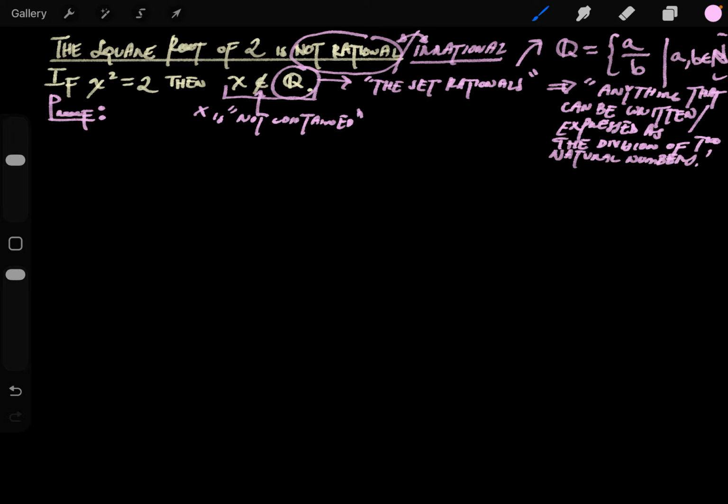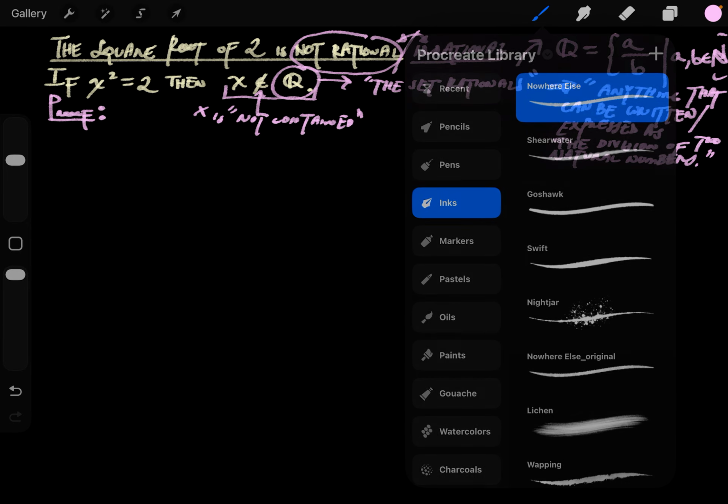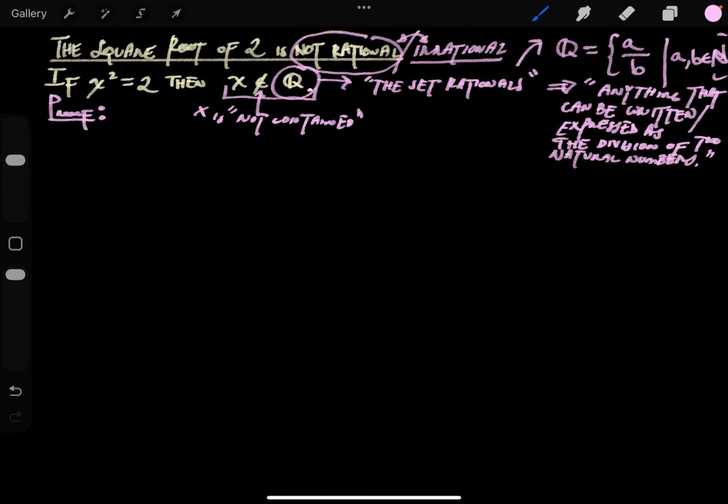And we should see that these two definitions are the same. Anything that can be written or expressed as the division of two natural numbers is called a rational number.